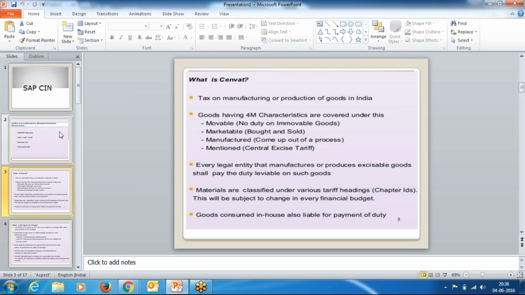The VAT portion varies from state to state because VAT is purely controlled by the states. Like in Maharashtra, you'll find 4+1, meaning 4% VAT and 1% additional VAT, and in Gujarat, you'll find 4% normal VAT and 2% additional VAT.